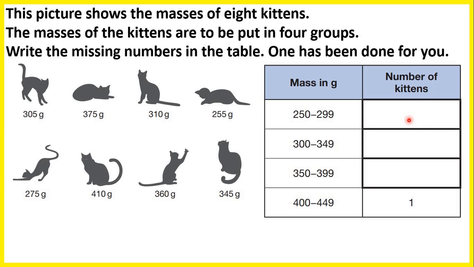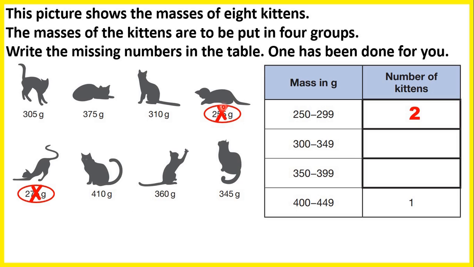So first we need to know the number of kittens that are between 250 and 299 grams. So that's 255 and 275. So that's 2 kittens, because all of our other numbers either have a 3 or 4 as the hundreds digit.